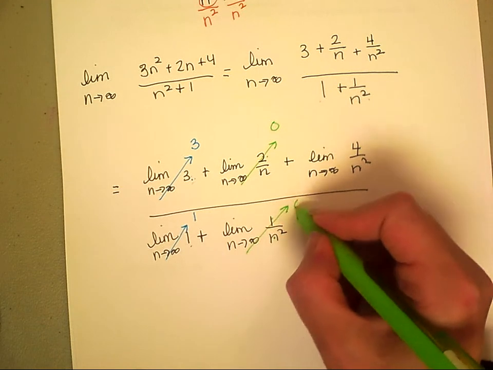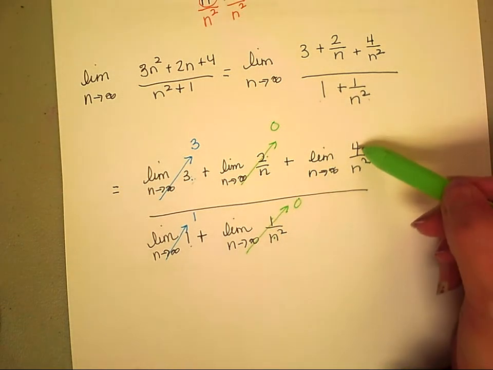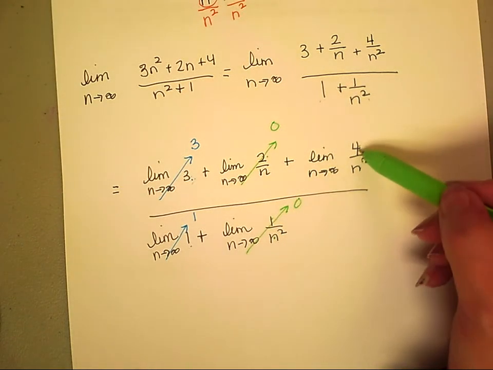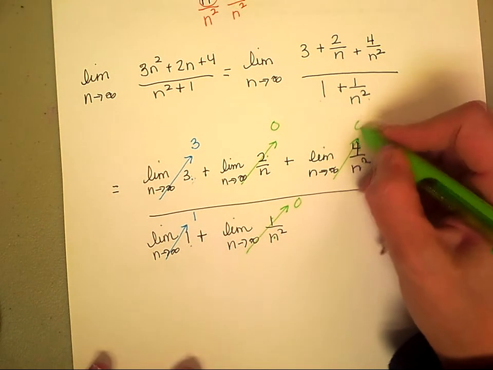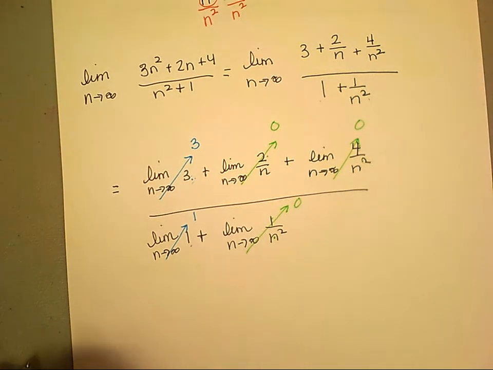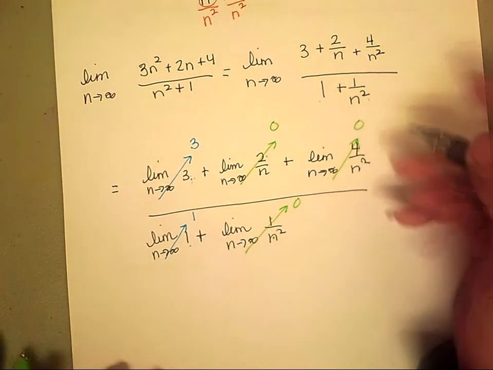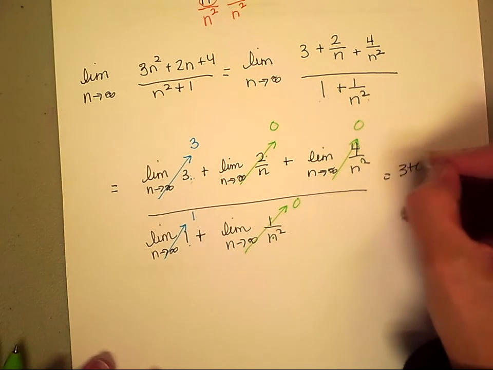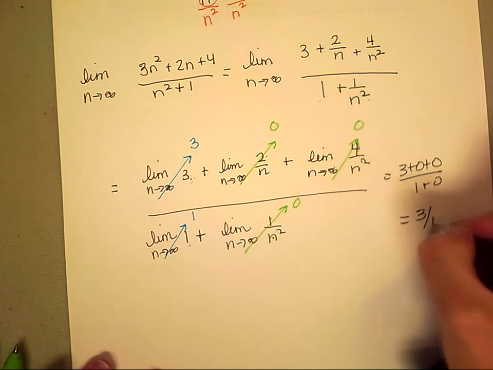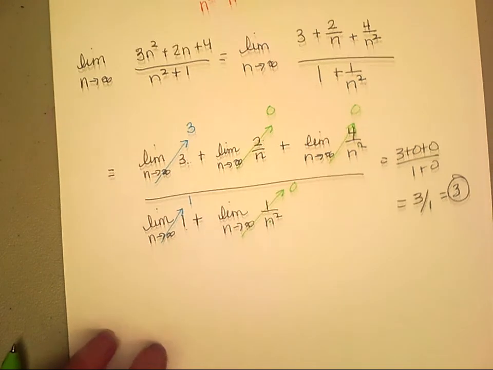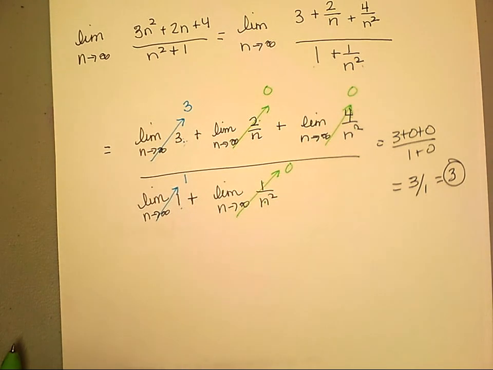We know 1 over n squared, its limit is also 0. And this is just 4 times 1 over n squared, so 4 times the limit, which is 0, also goes to 0. So in the end, this limit is 3 plus 0 plus 0 over 1 plus 0, which is 3 divided by 1, which is just 3.